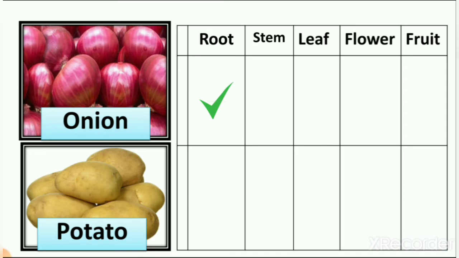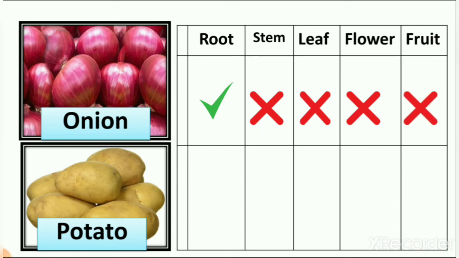Is onion a stem? No. Why? Because it is a root of the plant. Is it a leaf? No, because we know that onion is a root of the plant. So the other 4 boxes we fill with a cross mark. Why? Because we already tick marked the right one.